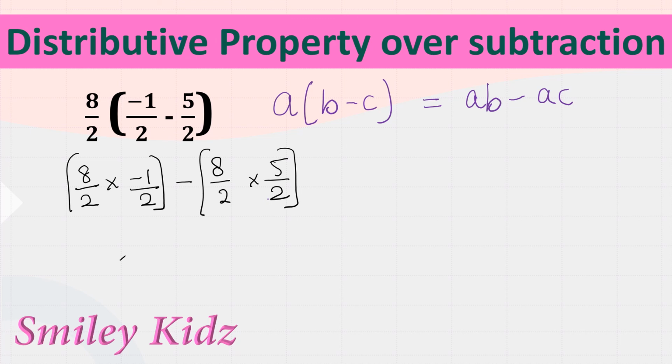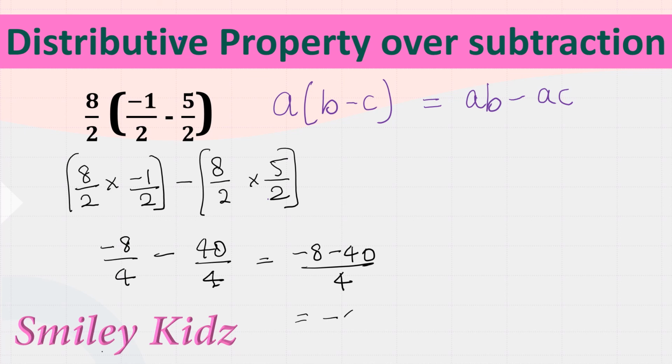We'll be solving the brackets first, which is equal to minus 8 by 4 minus 40 by 4, that is minus 8 minus 40 by 4. Here we are having same signs, so we'll be adding and putting the bigger number's sign, which is equal to minus 48 by 4.